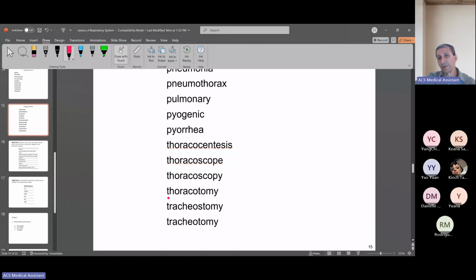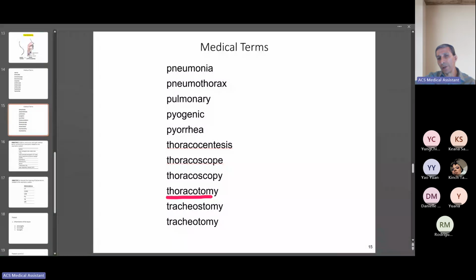Here we have thoracotomy. So here we have tomy, which is different. Here we have stomy. Here we have ectomy. See? Scopy, scope, scopic.